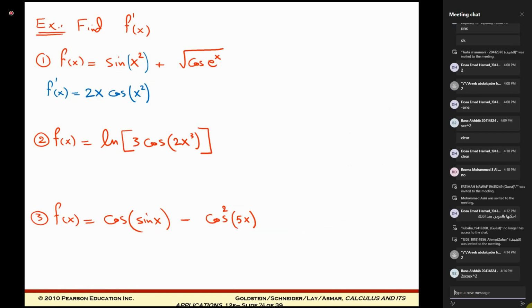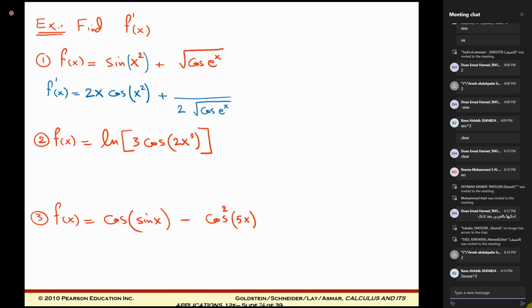Firstly, derivative of the angle x square equal to 2x, the derivative of sine is cosine, and put it the same angle. Okay, plus what's the derivative of the radical? In general, radical equals in denominator 2 multiplied by the same roots, in numerator the derivative of the inside the roots.